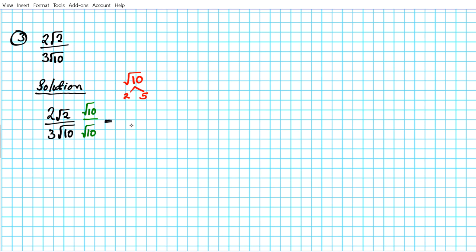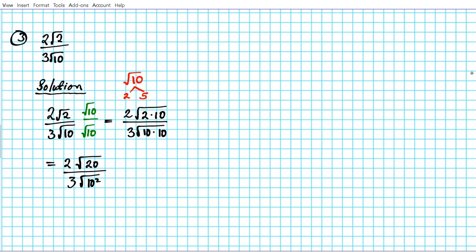We're going to have 2, just bring the coefficient over, root 2 times 10, divided by 3 times root 10 times 10, and then we can write this as 2 times root 20 divided by 3 times root 10 times 10 is 10 squared, or 100.